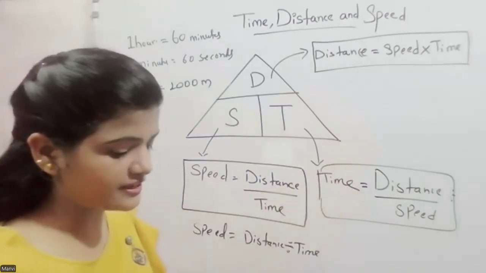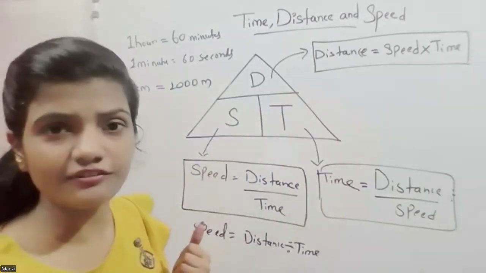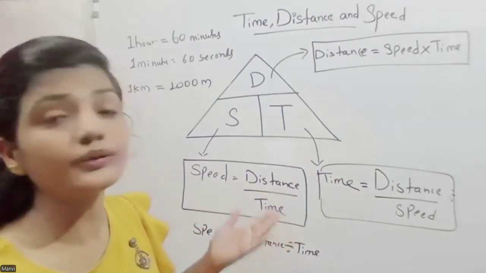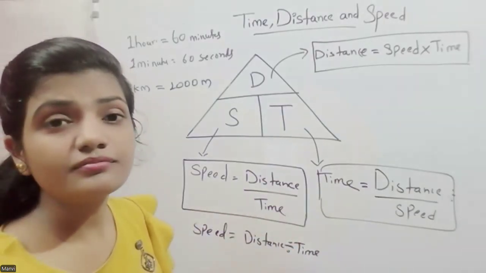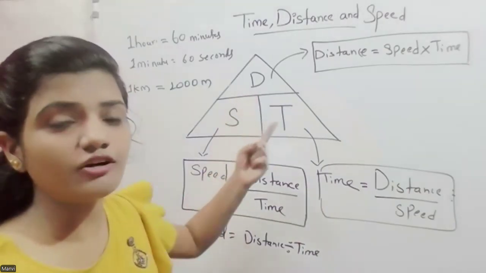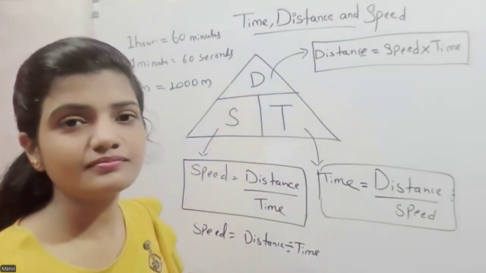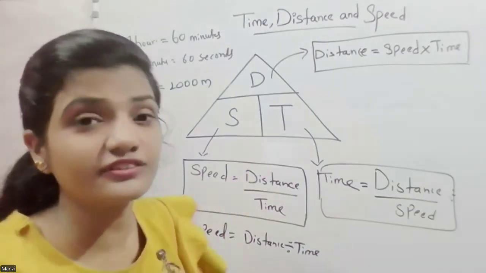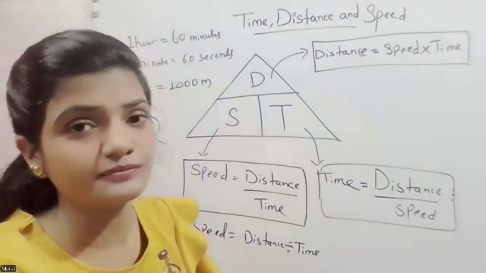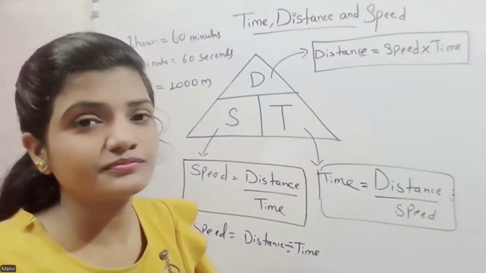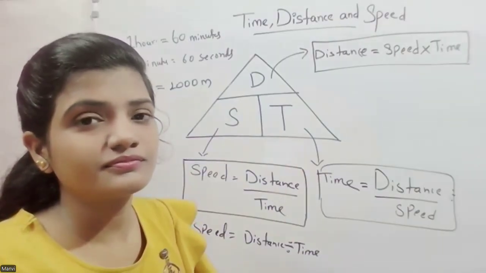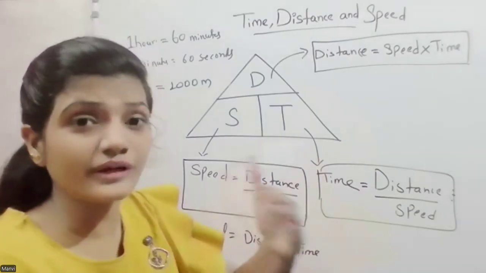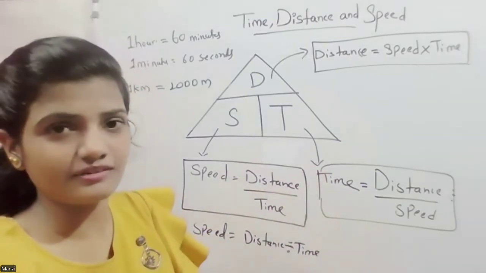For example, if they say how far did it travel, what do we need to calculate: distance, speed, or time? Far means distance. We need to calculate distance.